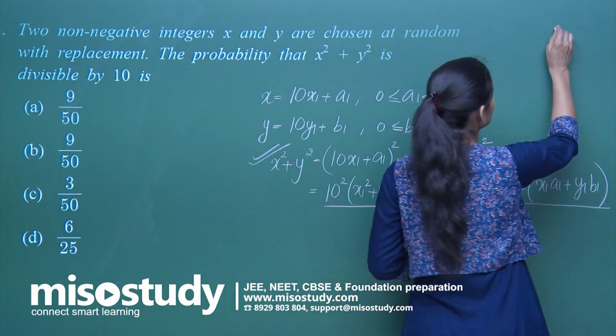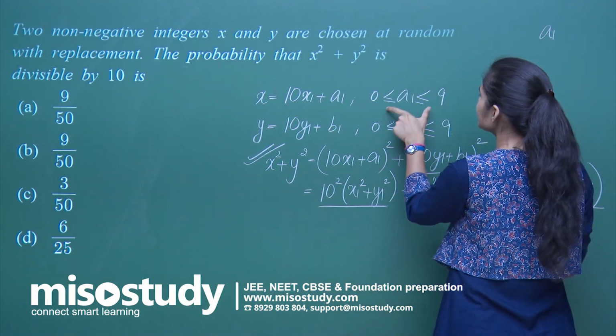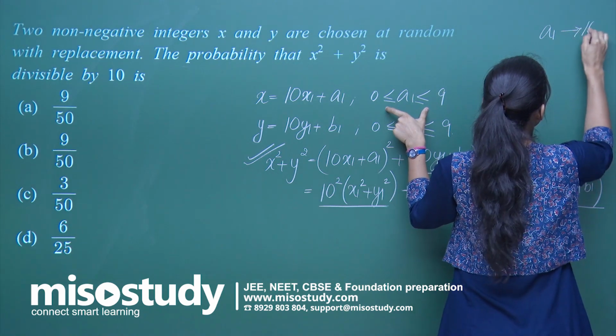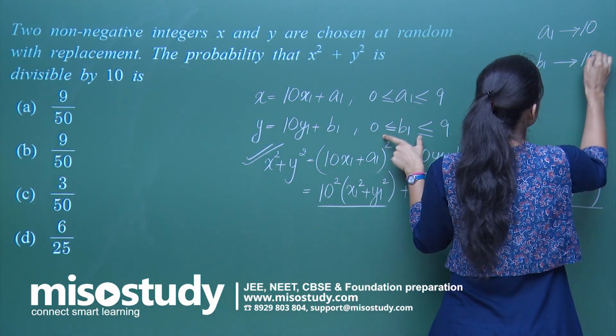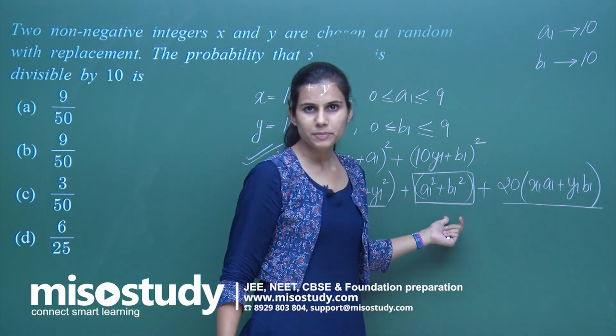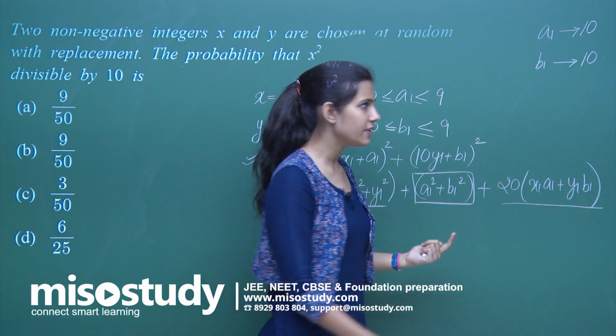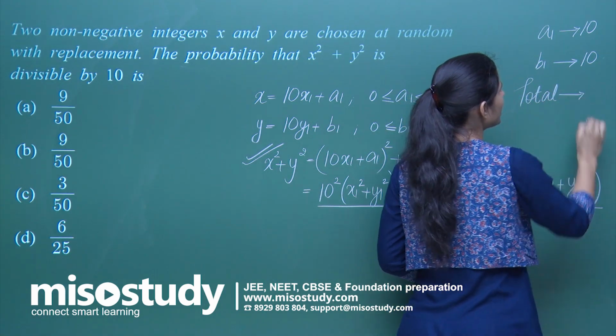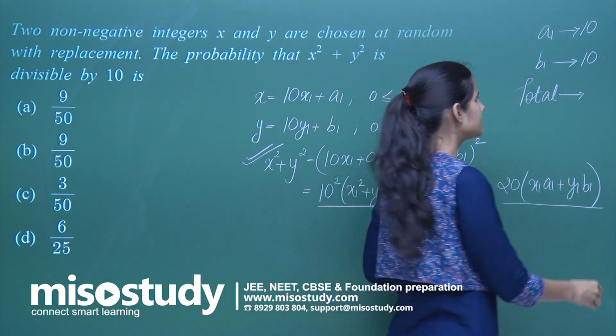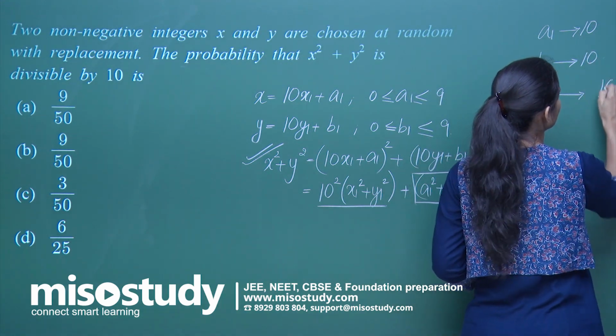Now understand, a1 has 10 options. b1 has again 10 options. So a1 square plus b1 square can be written in how many ways? The total number of ways in which a1 square plus b1 square can be written is 10 into 10, that is 100 ways.